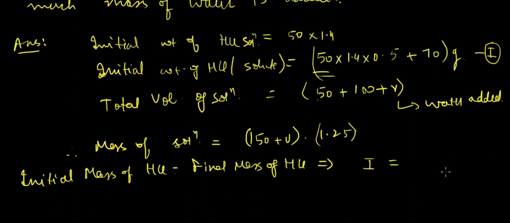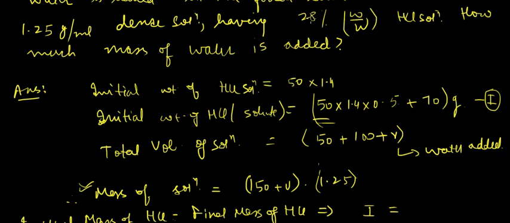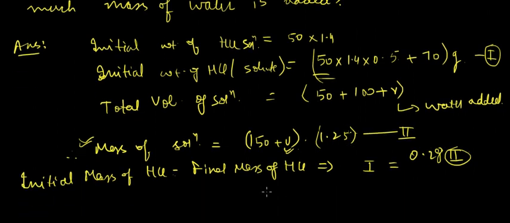The final mass of HCl would be 28% W/W of the total mass of the solution, so 0.28 times the second thing. The second thing is a variable from which V can be calculated. Once V is calculated, we know the volume of water added, which would be equal to the weight of water added, as the density of water is 1. Hence you can calculate it, and the volume would come out to be 150 ml.